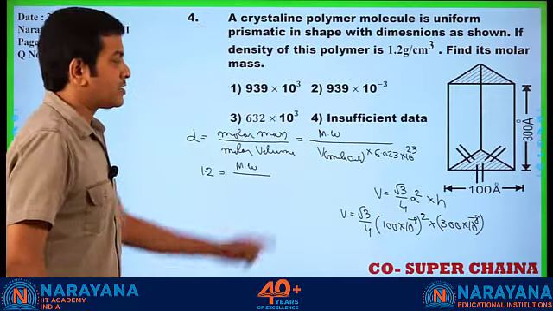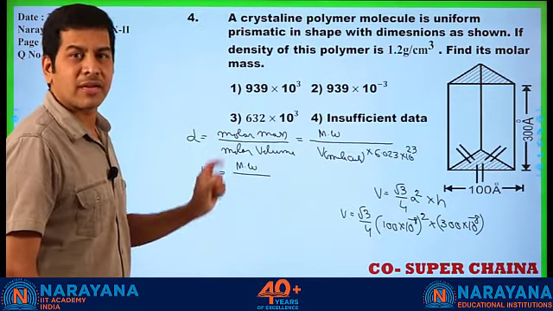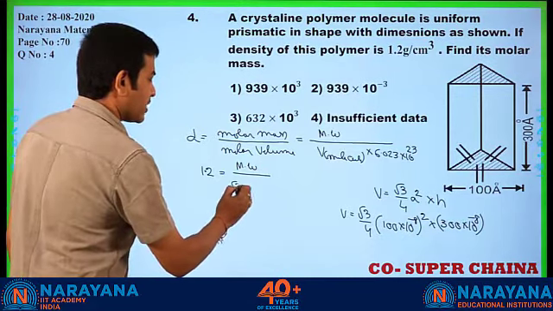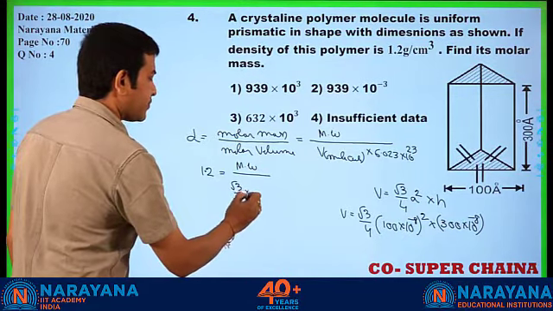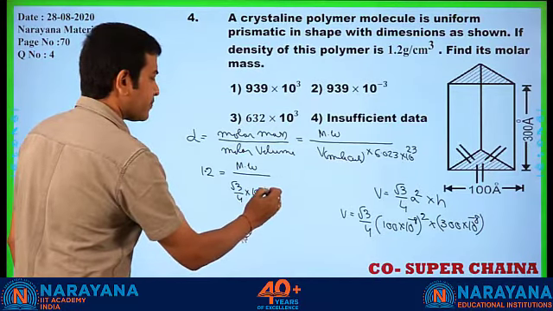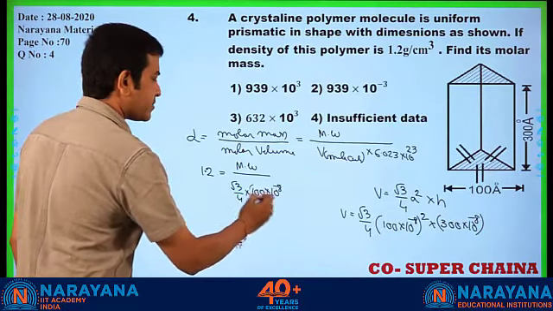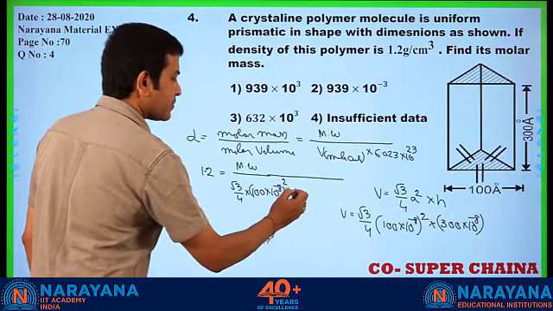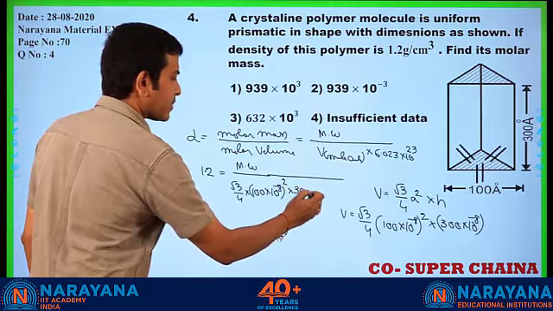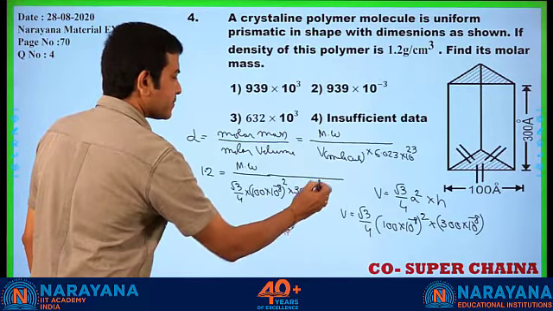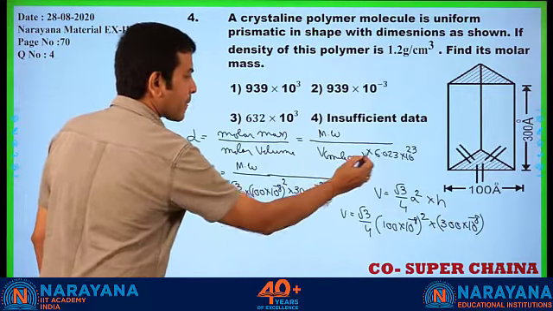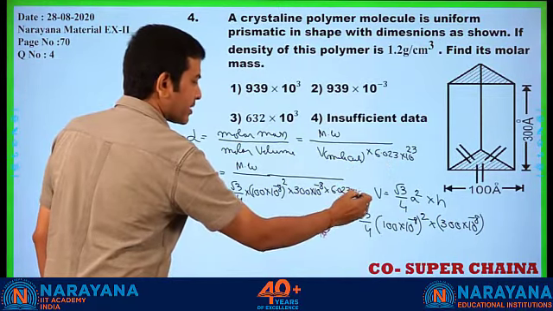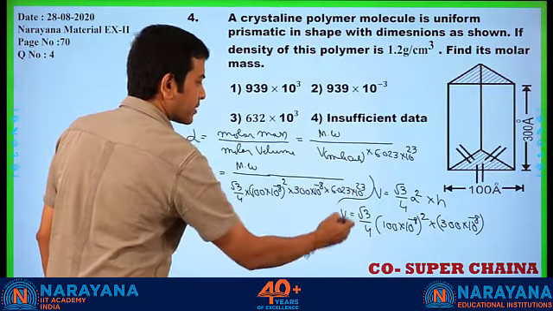So that is the volume of that prismatic molecule. Root 3 by 4 into 100 into 10 power minus 8 whole square into 300 into 10 power minus 8, into Avogadro number, 6.023 into 10 power 23.